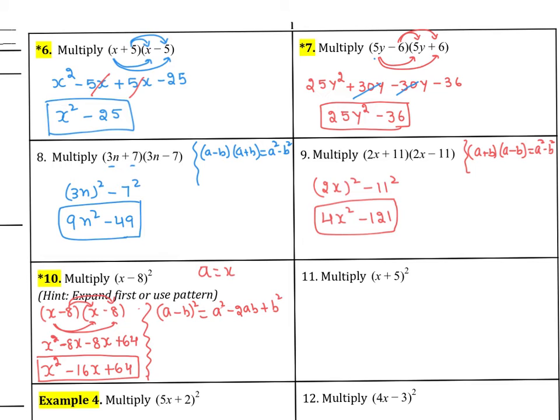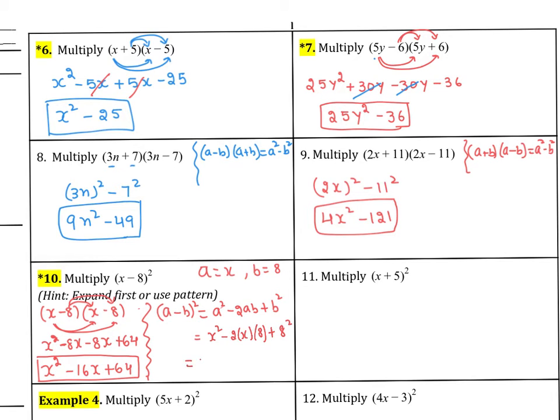So we're going to use b as 8 and just plug it into the formula here. So we use a squared, which is x squared. So that's going to be x squared minus 2 times a, that's x, times b, which is 8, plus b squared, which is 8 squared.